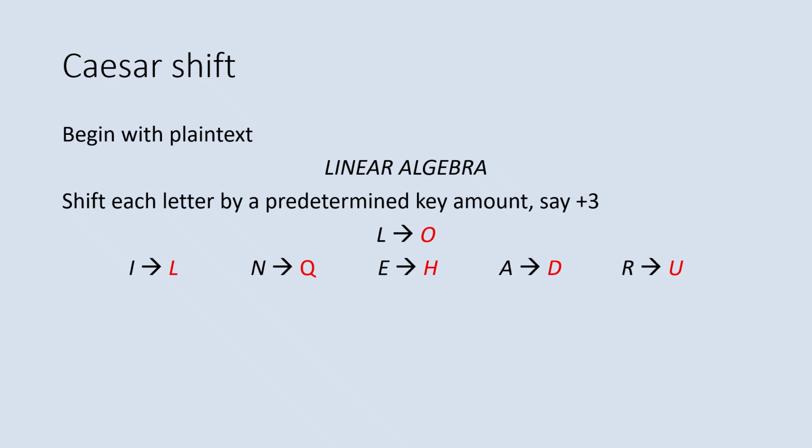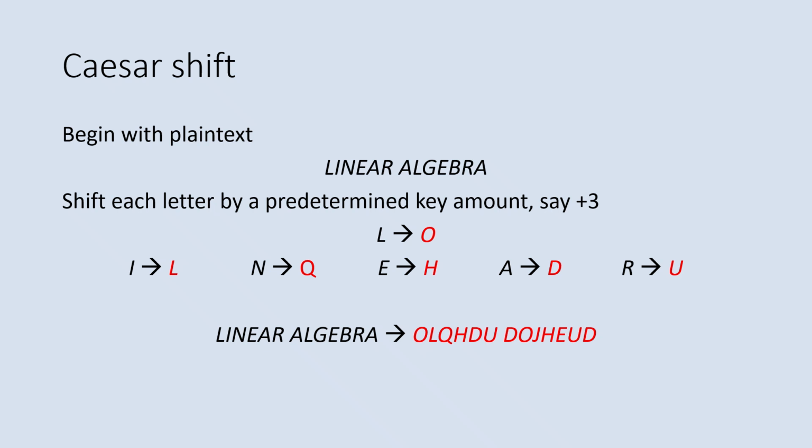In the Caesar shift, spaces stayed spaces. And if there was any punctuation, it would just be the same punctuation. It's just the words themselves that get shifted. And so if we do this process, then linear algebra gets shifted 3 letters later.